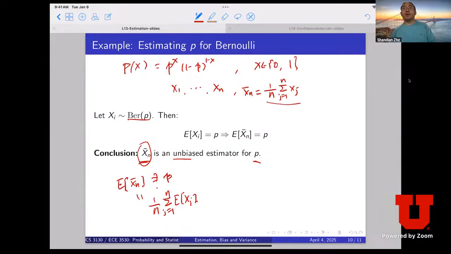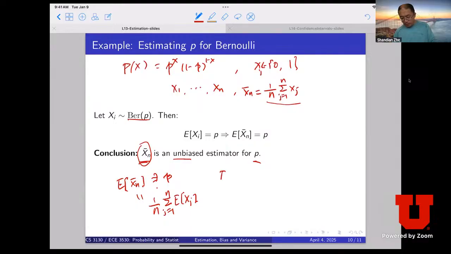So now for a Bernoulli random variable, what is its expectation? Remember, each xj is either 0 or 1, right? So what is its expectation? Yeah, it's just p. Why? We can just verify through the definition, right?